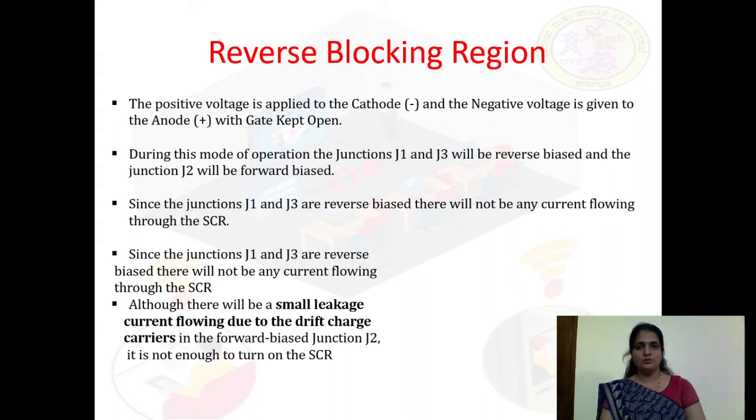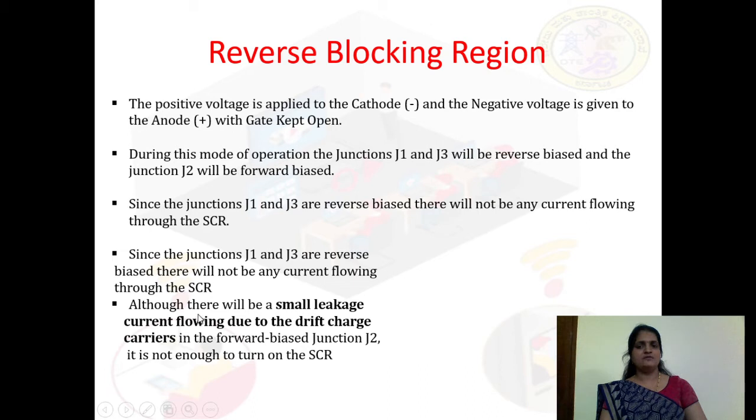Coming to the first mode, that is the reverse blocking region. As I told, the positive voltage is applied to the cathode and negative voltage to the anode, and the gate is kept open. During this mode of operation, junctions J1 and J3 will be reverse biased and junction J2 will be forward biased. Due to J1 and J3 being reverse biased, there will be no current flowing through the SCR.